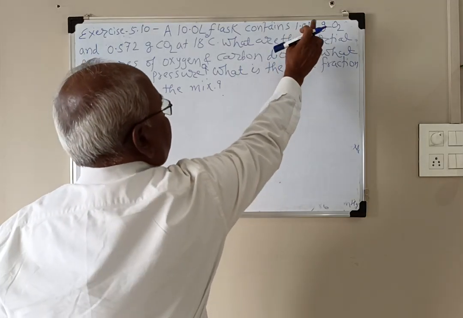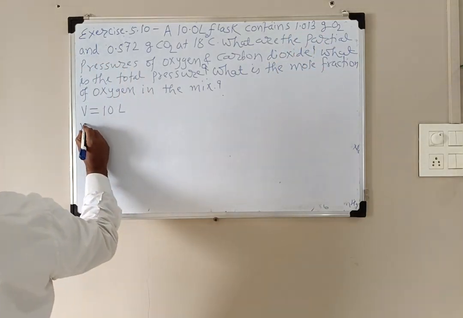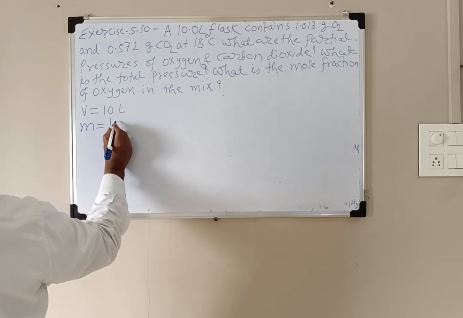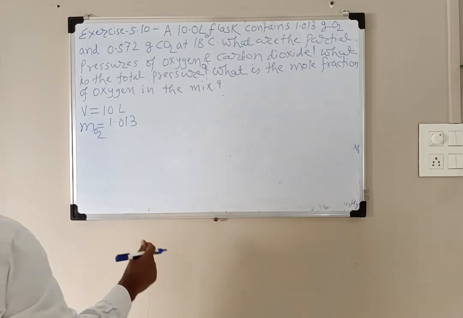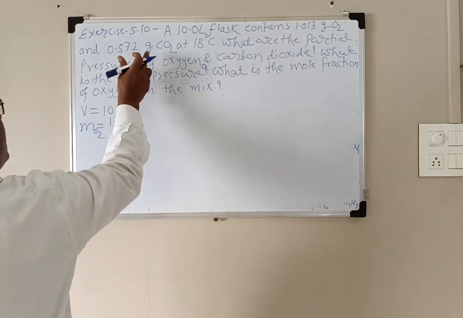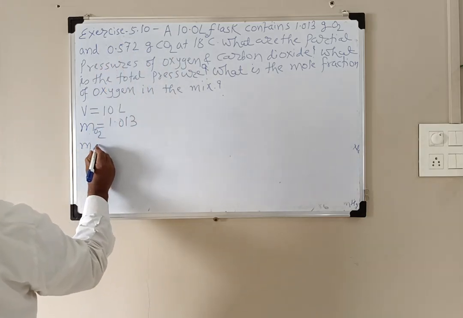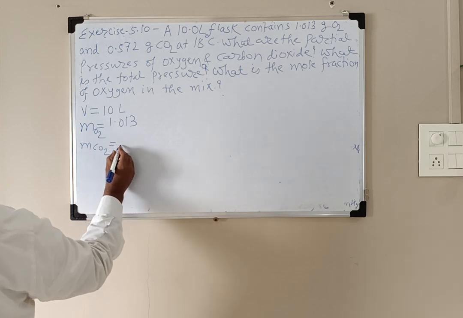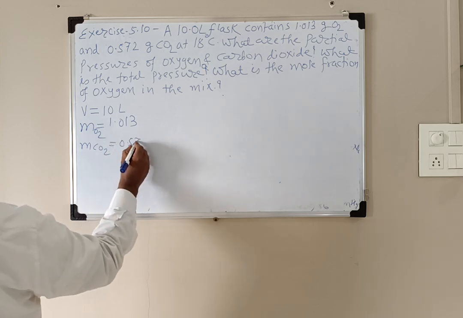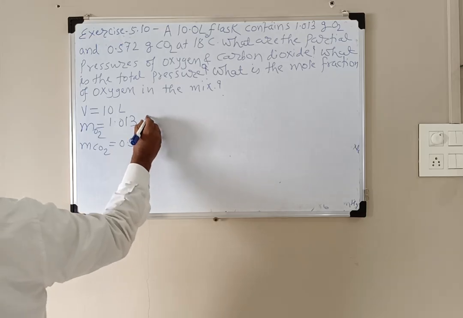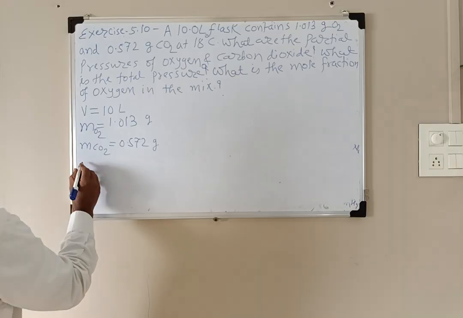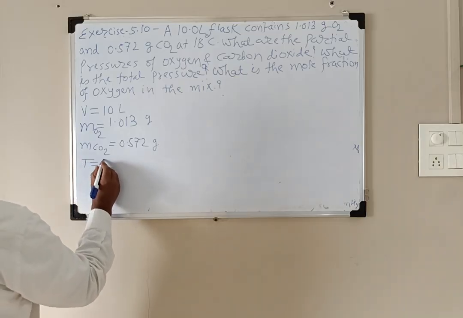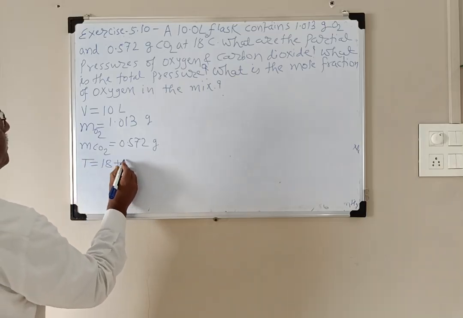Mass of oxygen is given, m of O2 is equal to 1.013. Mass of carbon dioxide is also given, m of CO2 is equal to 0.572 gram.